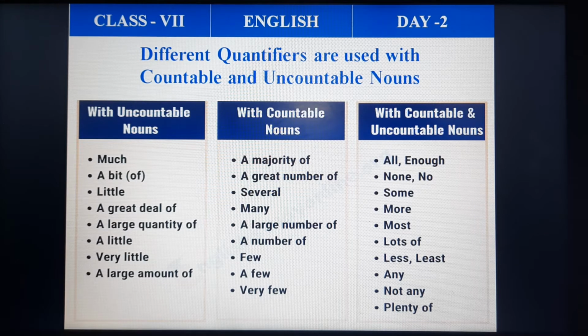These are the quantifiers you can use only with uncountable nouns, and the quantifiers which you can use with countable nouns are a majority of, a great number of, several, many, a large number of, a number of, a few, few, and very few.